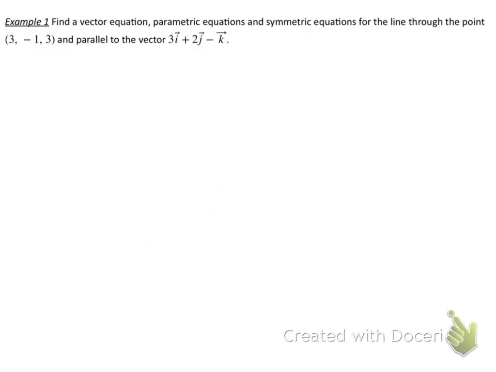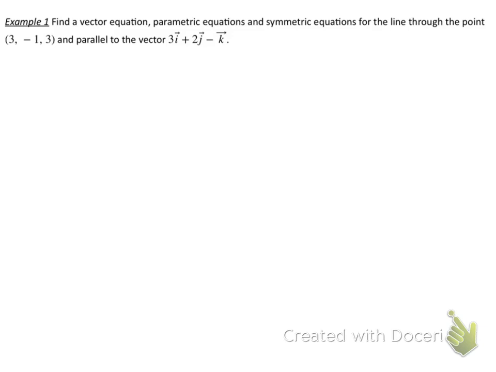Now let's get into examples. The first one, we want to find the vector equation, parametric equations, and symmetric equations for the line with point (3, -1, 3) and parallel to the vector 3i + 2j - k.